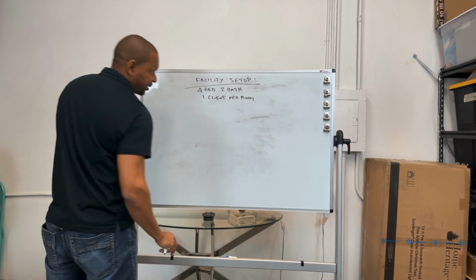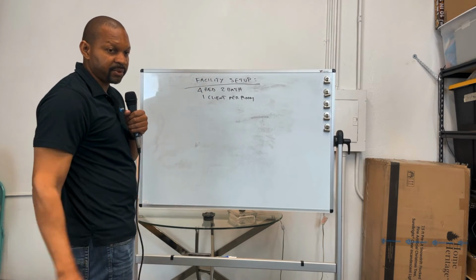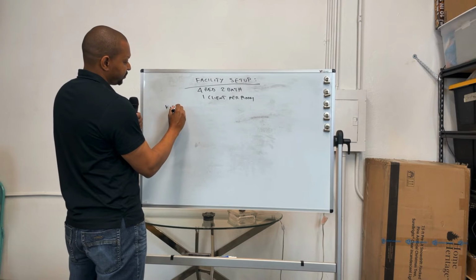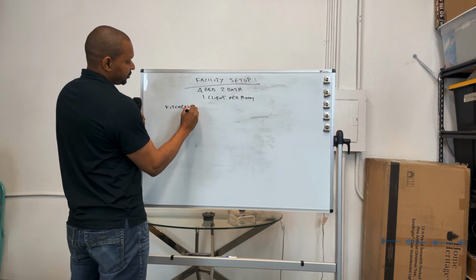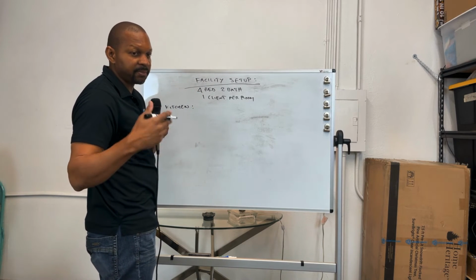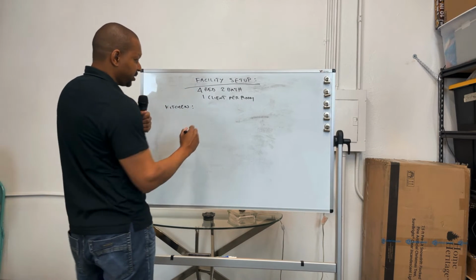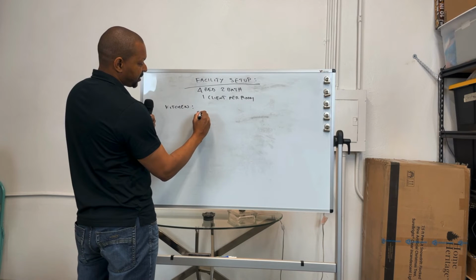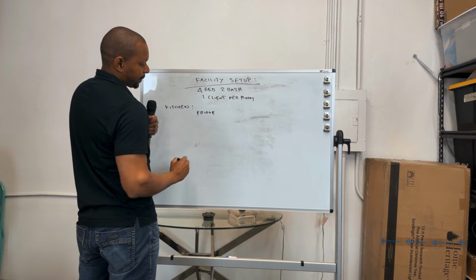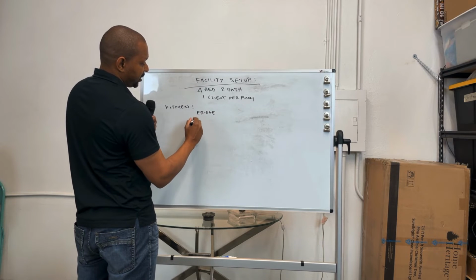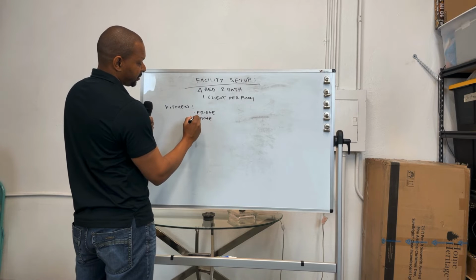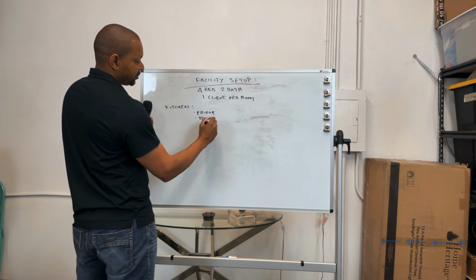All right, so the bedroom is set up. We got the bedroom down packed. Let's go to the kitchen. In the kitchen, these are going to be some obvious things, but some people still may have questions about it. You need a refrigerator. You need a stove, or oven.